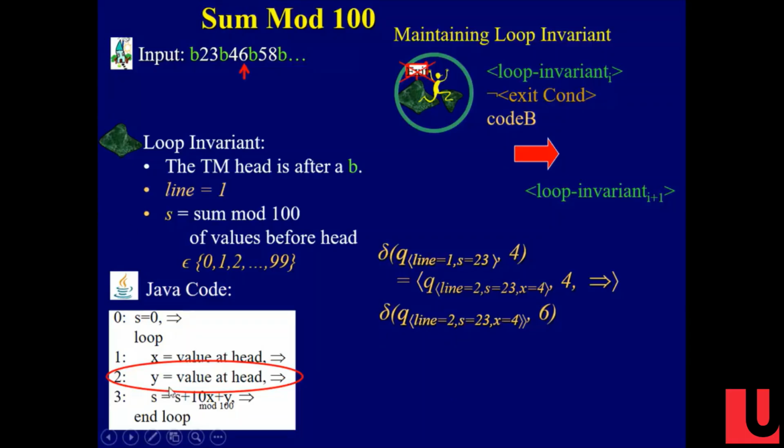Well, I have to read the value 6 into Y, go to line 3, move the head right. So what's my transition? I'm in line 3. I still have S. I still have X. I now have Y is 6. Does that make sense? And I write the 6 and I go right.